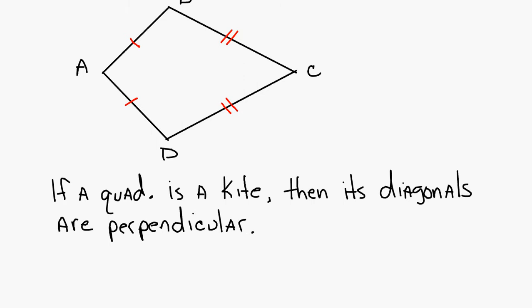Which means that this segment from B to D is going to intersect the segment from A to C, and it's going to form a 90-degree angle. If that one angle is 90 degrees, then doesn't that mean all of these angles are 90 degrees? So there are at least four triangles inside this kite, and all of those triangles are right triangles.